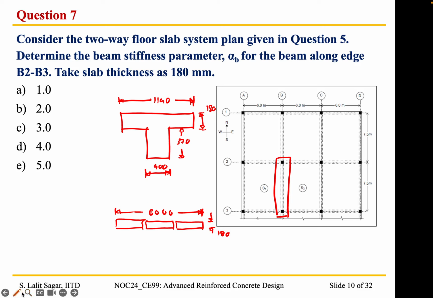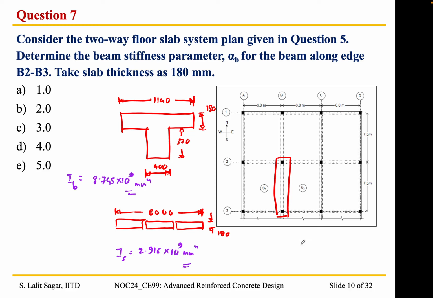I'll take a different color now, purple. So IB is the same as the previous problem. IB is 8.745 into 10 to the power 9 mm power 4, and IS is equal to 2.916 into 10 to the power 9 mm power 4.